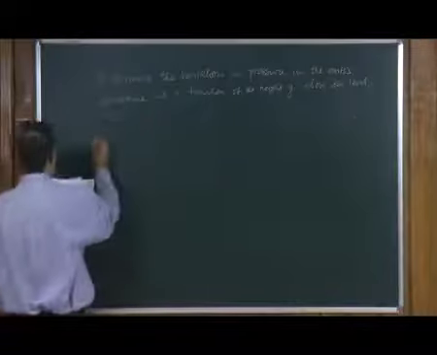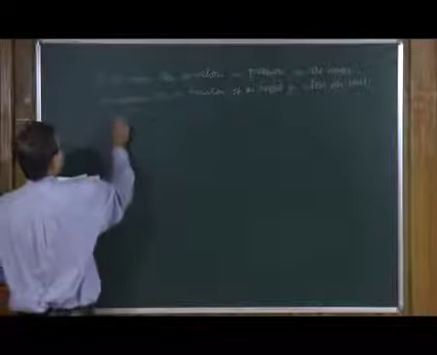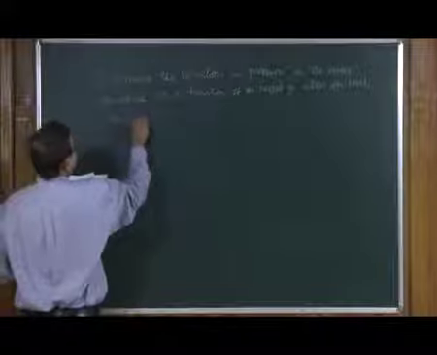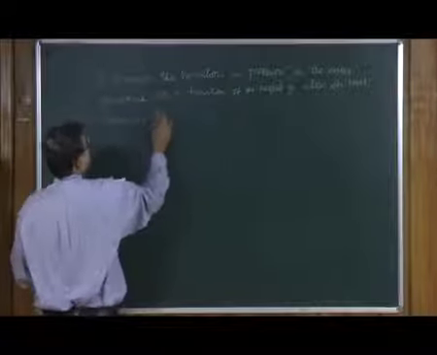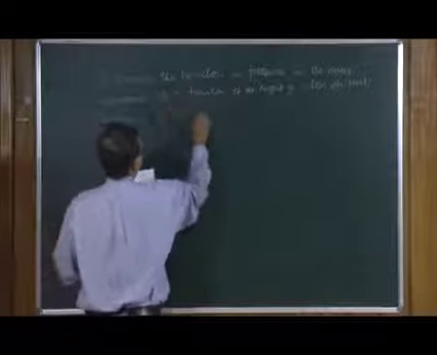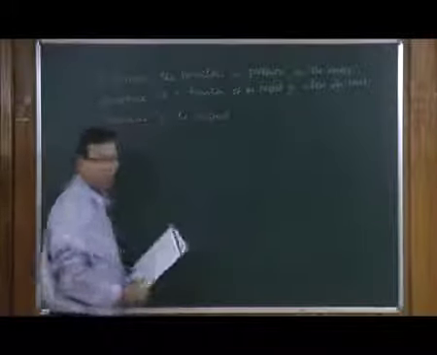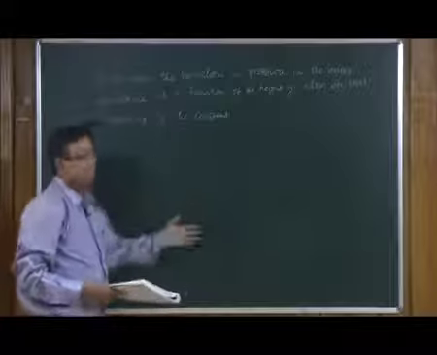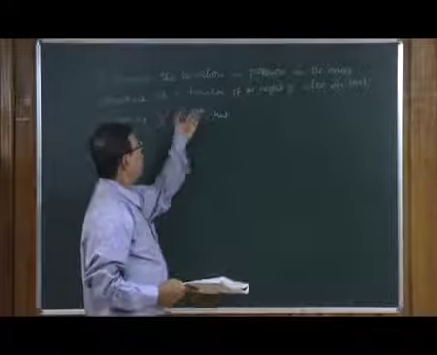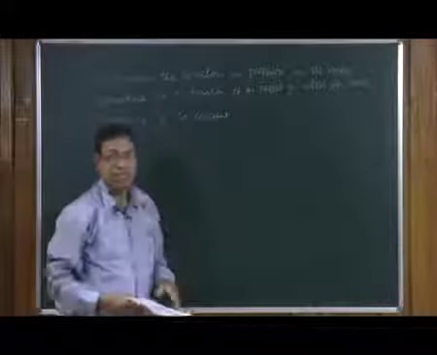assuming g to be constant. Constant means constant over the distance that we are considering. So, over a height h measured from the sea level.